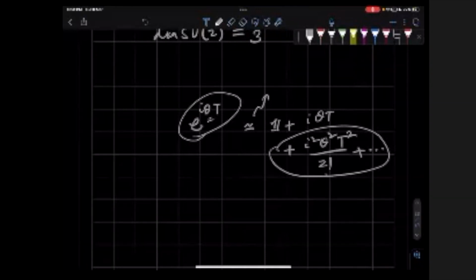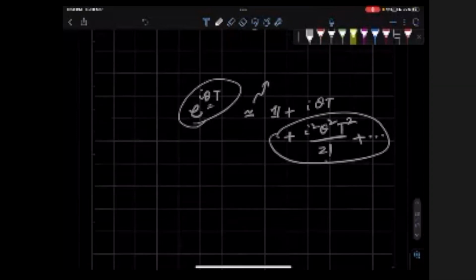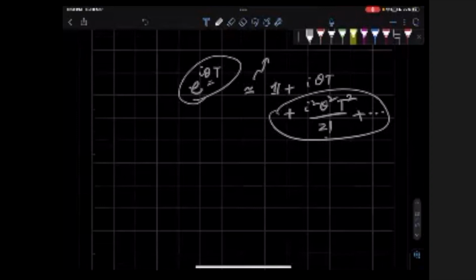Yes sir, we took alpha, and in lecture 10 we got theta by 2 in the e to the power i theta by 2. So how did the 2 come? Well, we found that the generators were sigma by 2 for SU2.